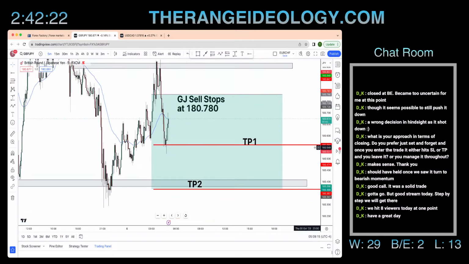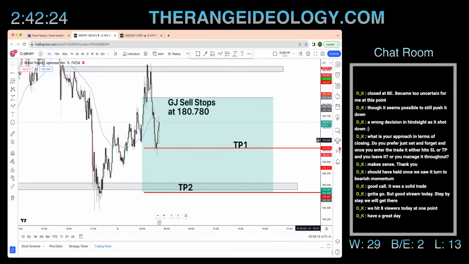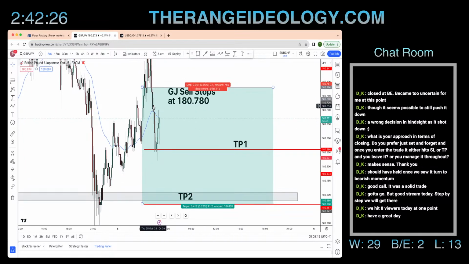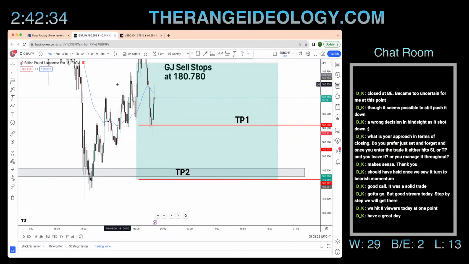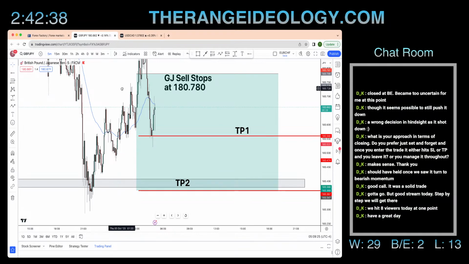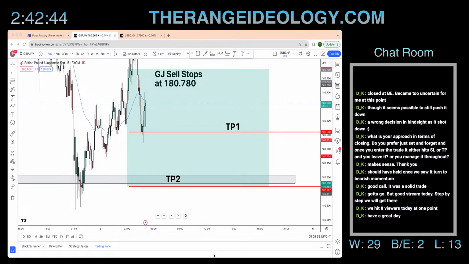But for now, we did hit TP1, and just waiting for GJ for the current candle to hit our break-even point, which is where our stop loss is, and or come down past TP1 to TP2 target, which is our profit target, to close out the remaining runners.